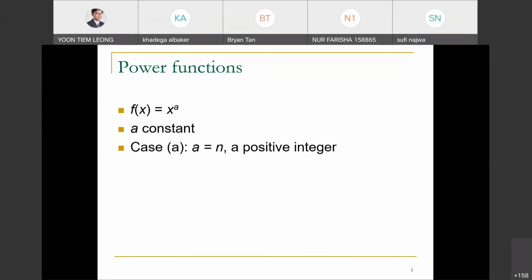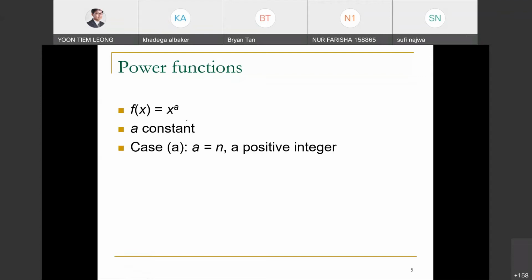The function looks like this: here x is the independent variable and a is any constant. A power function has a general form x to the power a, where a is a constant integer.